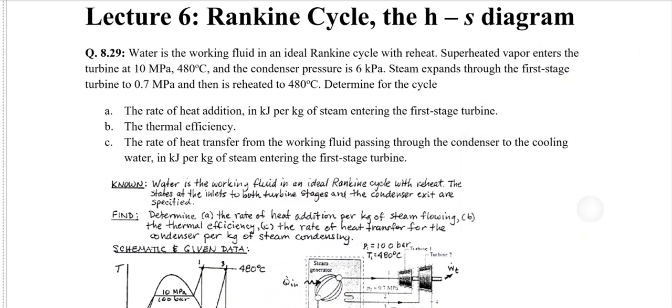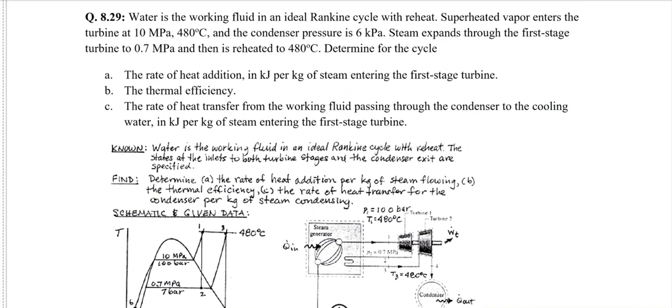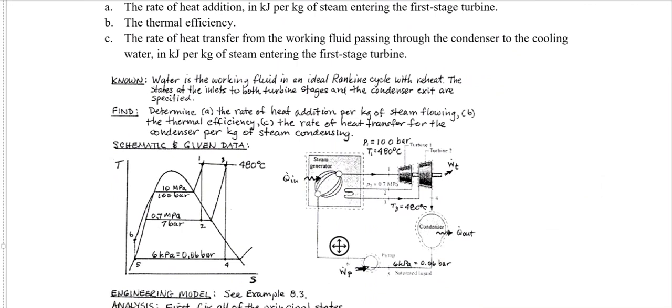So if we are using a steam table, we will be looking at 10 megapascal and 480 degrees centigrade. Then we would realize it lies in the superheated condition, and then we'll be using the superheated steam table. And from the superheated steam table, we will try to find the enthalpy h and entropy for this state.